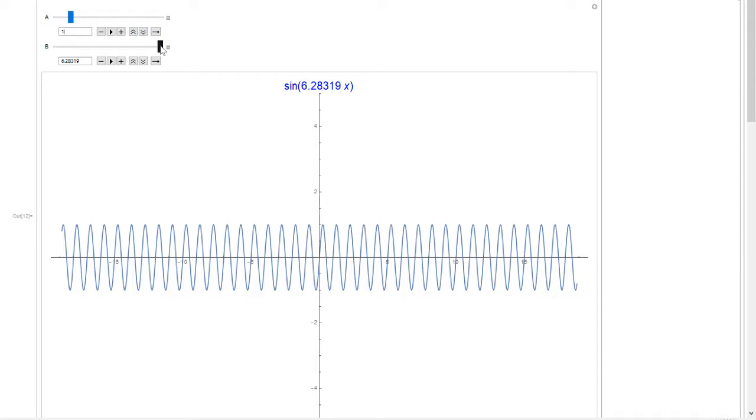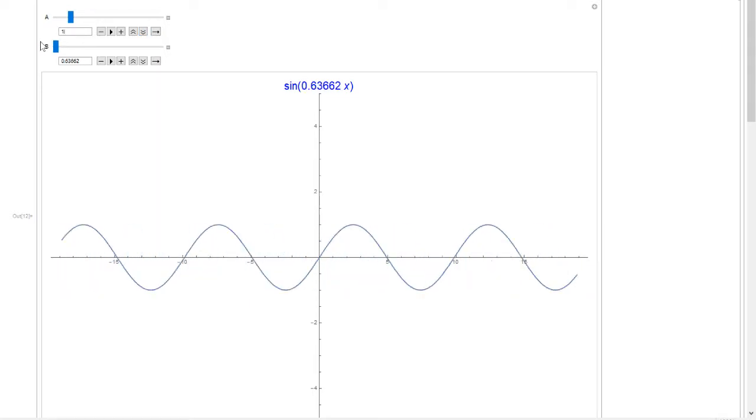Now on the other end of things, let's see if I put it in here. Oh, yeah, so it approximated us at this 0.63662. The actual value, you can't see it because it's kind of hidden up here, but it's 2 over pi. And notice what happened when we had 2 over pi.